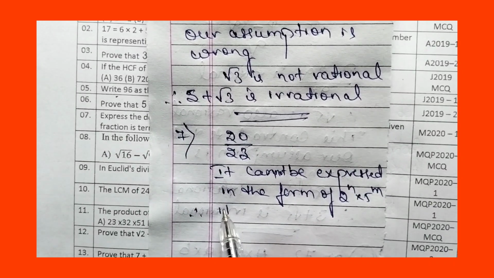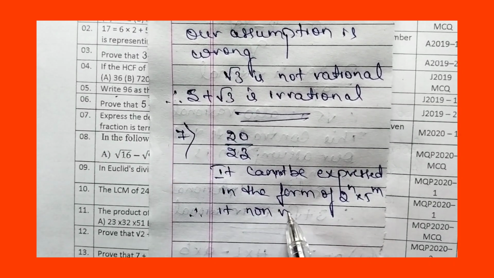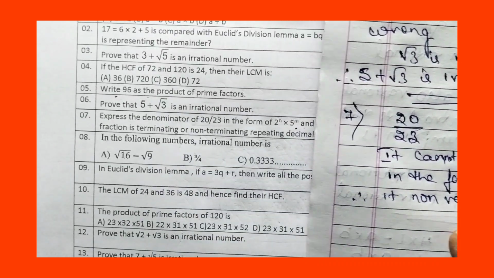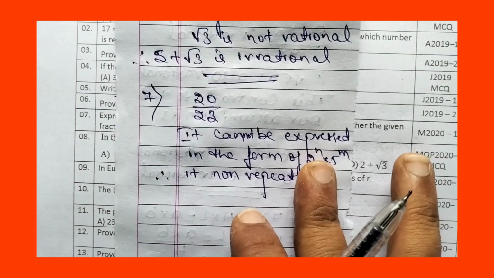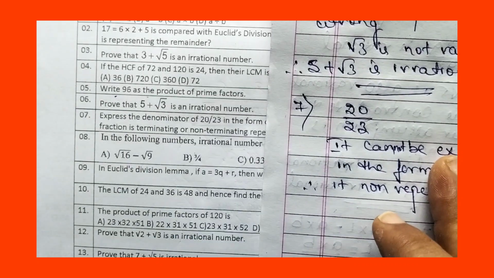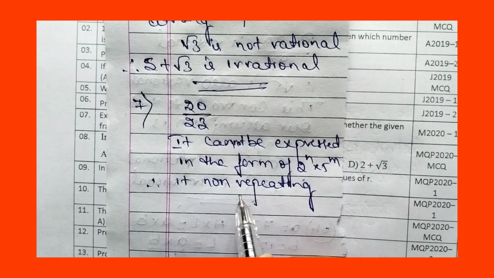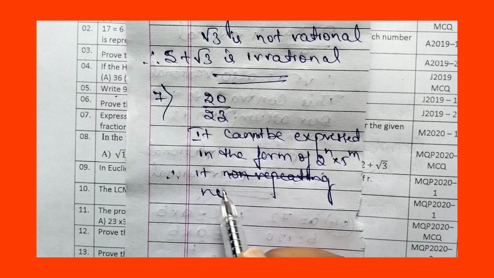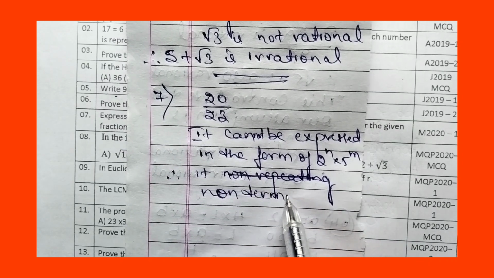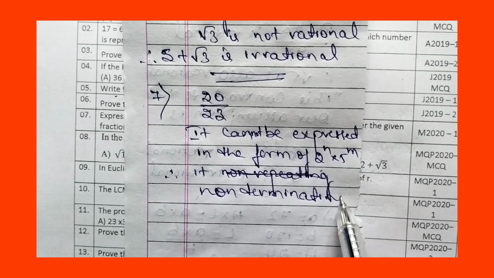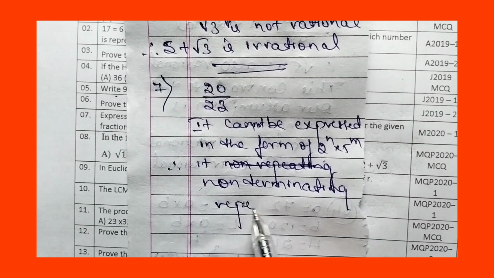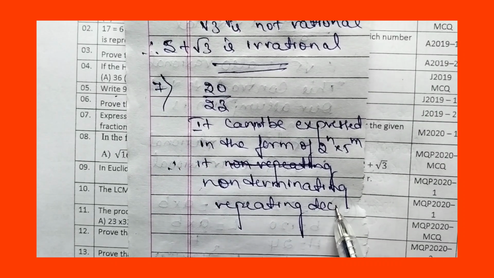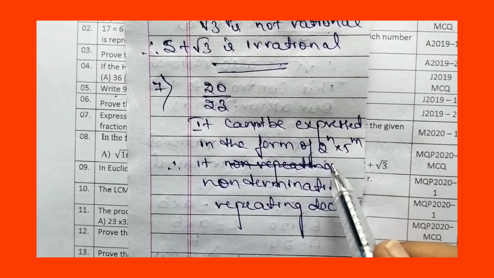Therefore it is a non-terminating repeating decimal, because the denominator cannot be expressed in this form.